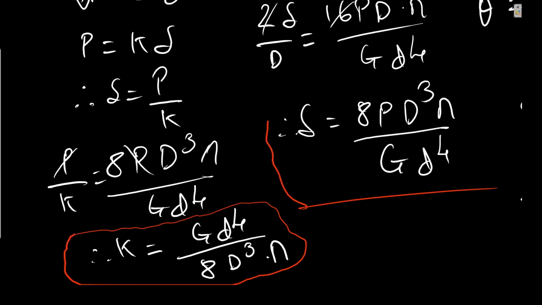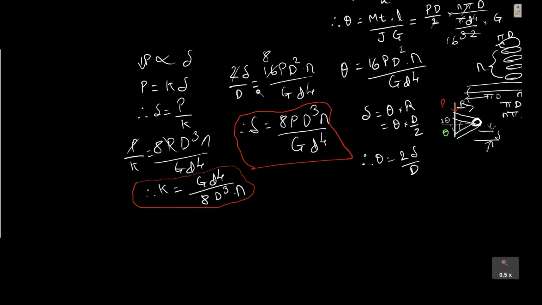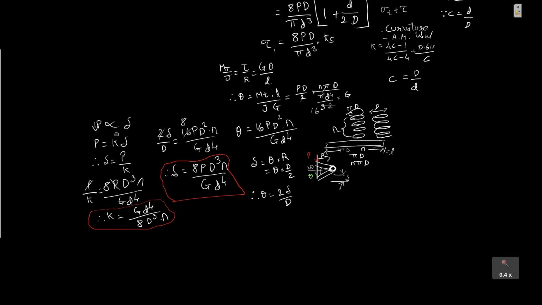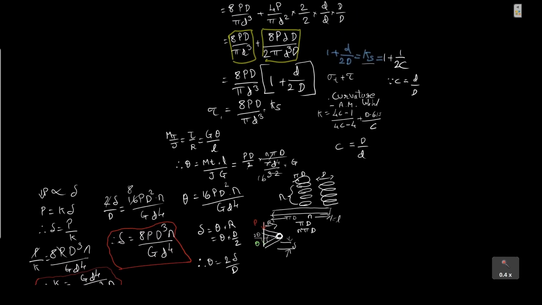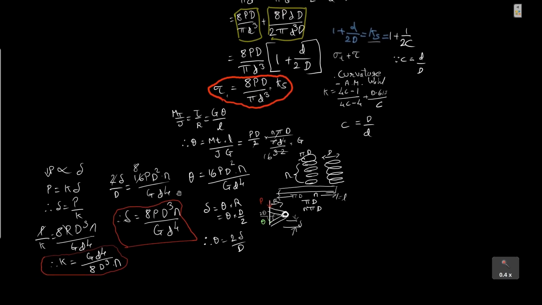This is the deflection of the spring, and the most important one, that is the stresses that get developed inside the material in the spring. Remember these 3 formulas to design a helical spring. Thank you.